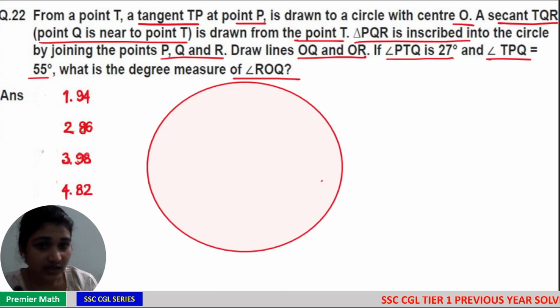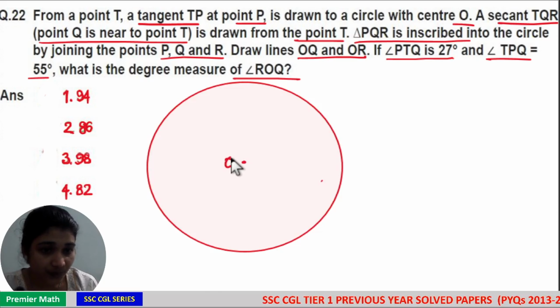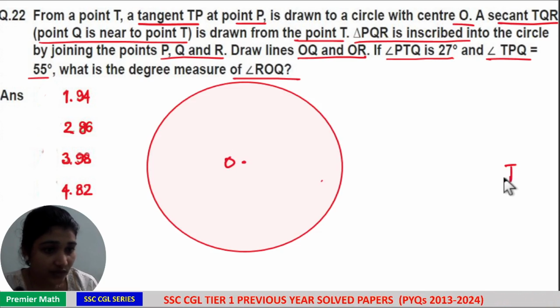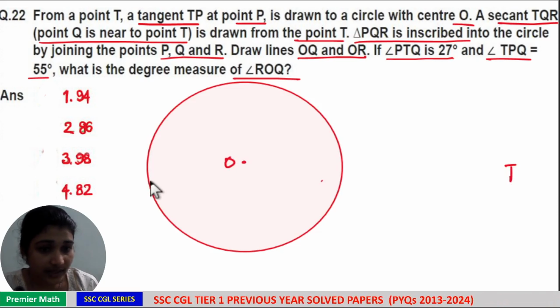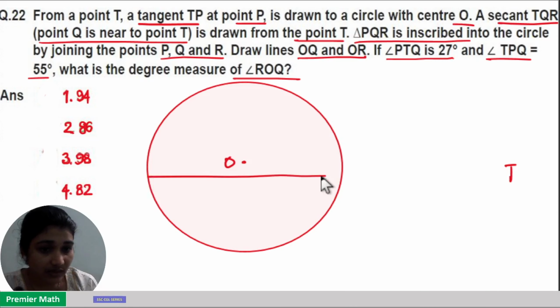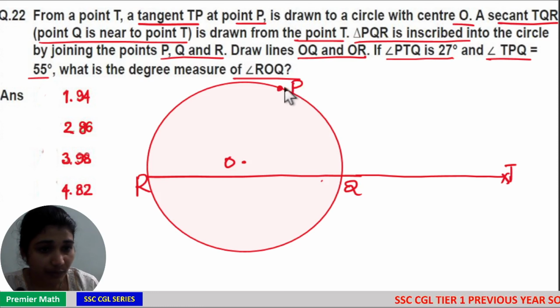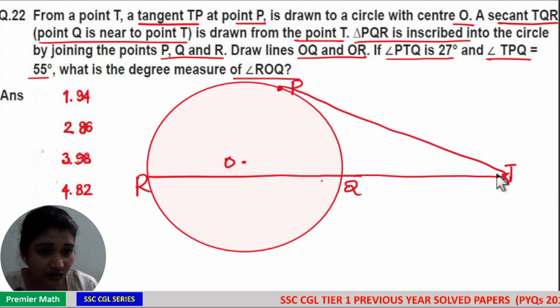If this is the circle with center O and T is an outside point, and a secant is drawn. Secant means a line cutting two points of a curve. So here Q is nearest to point T, and here this is R. So this is the secant QR, and there is a tangent TP. So from point P, a tangent TP is drawn.